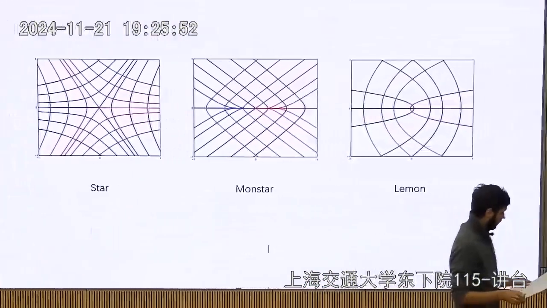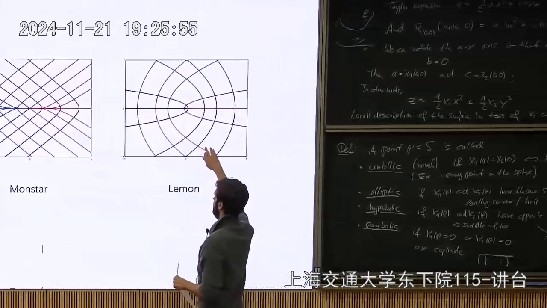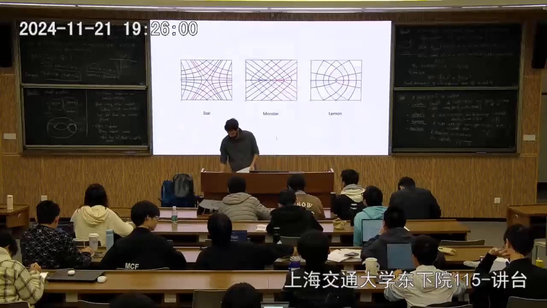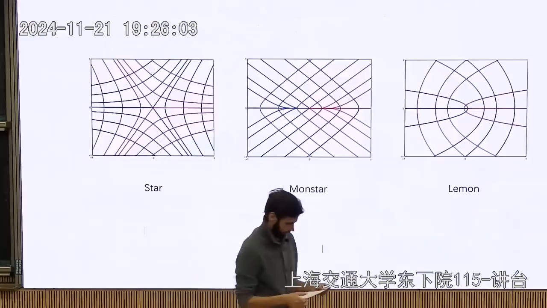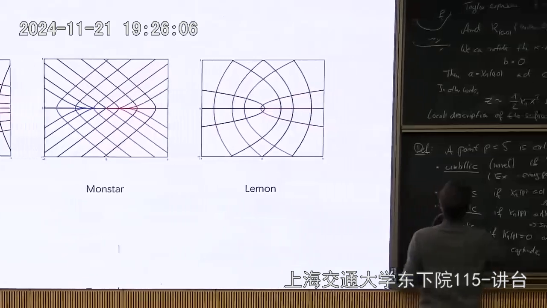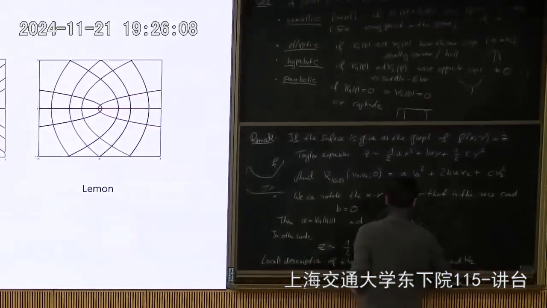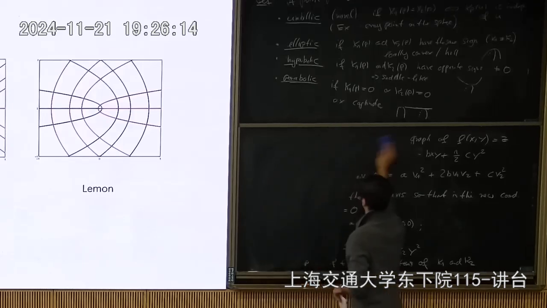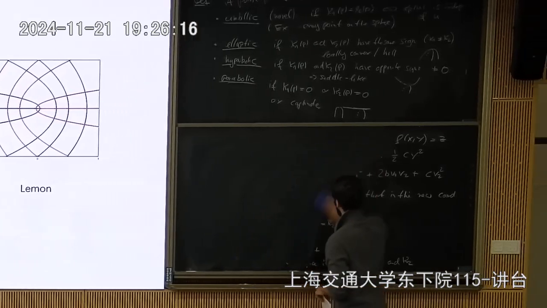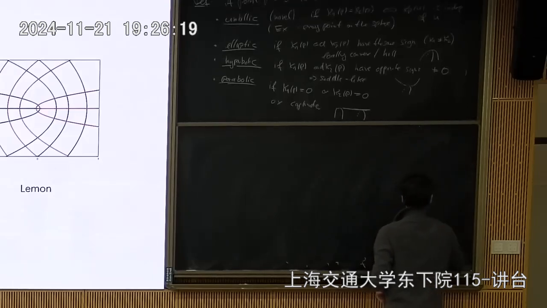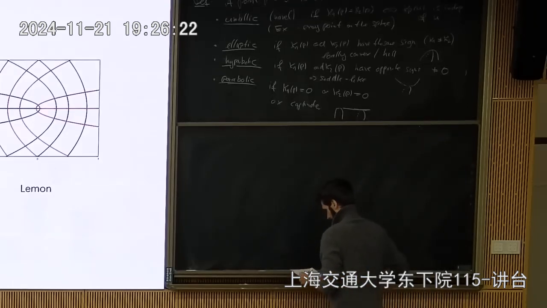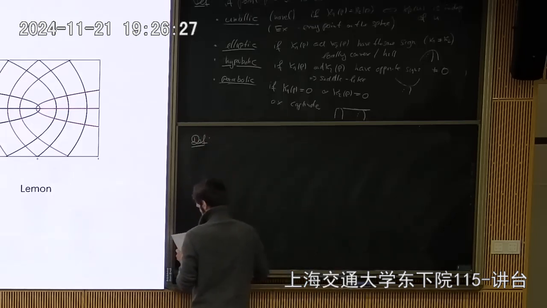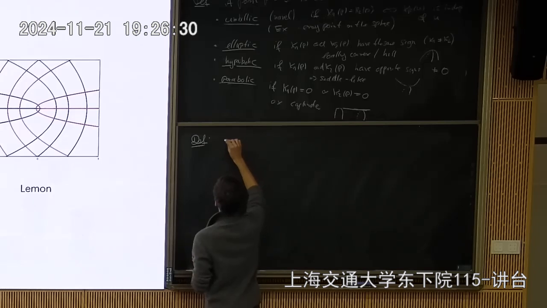Okay. So now I would like to go towards describing the behavior around an umbilic point. But before we come to that, I need to introduce a little bit more notation, which is very much related to the principal directions. So two definitions.